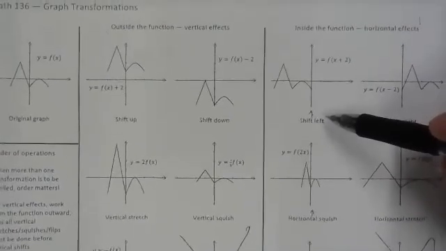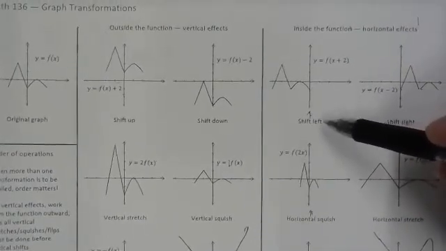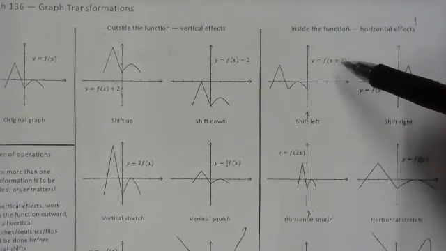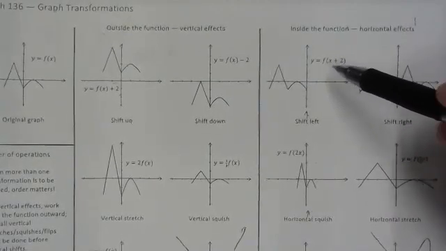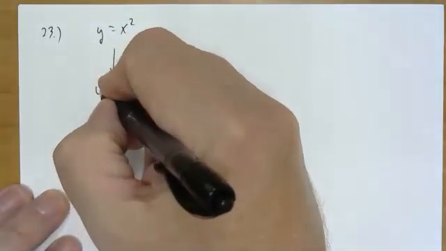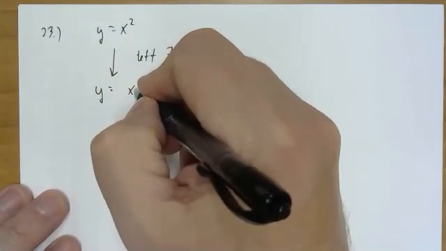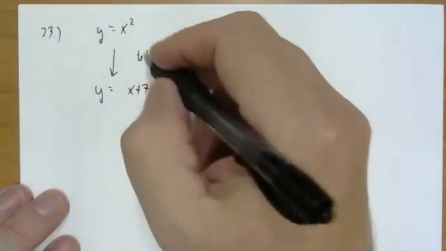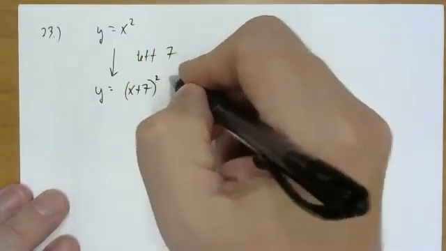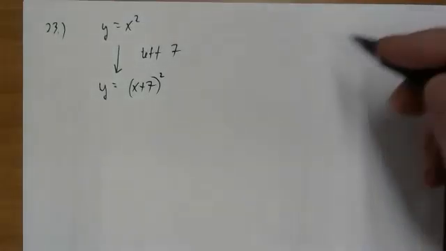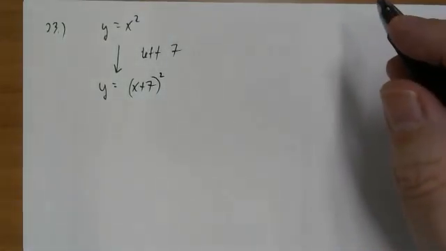Shifting left is right here. What that means is inside the function, you add something to the x. I'm going to add 7 to the x. So x plus 7, and since it's squared, I first add the number to x, inside the function.